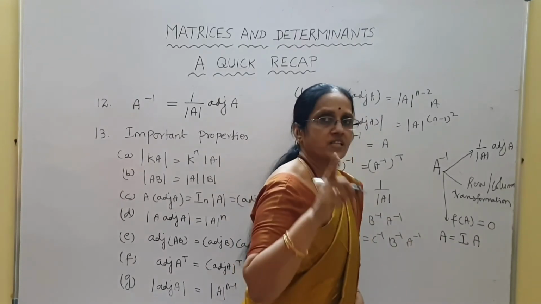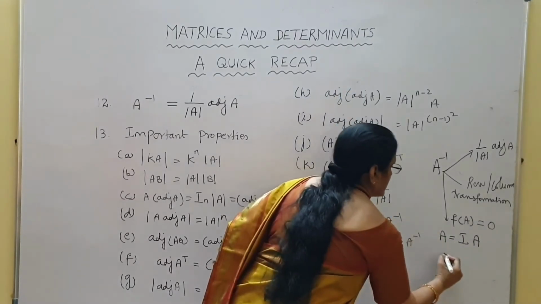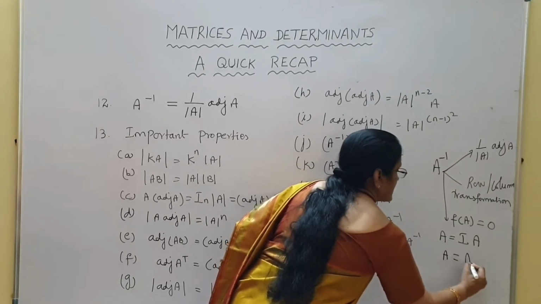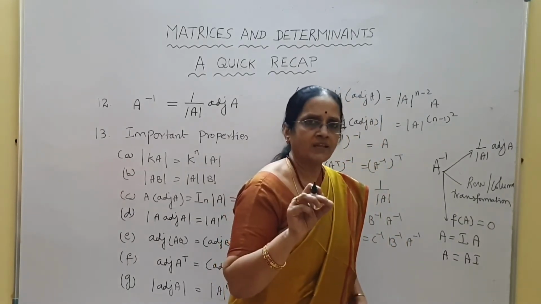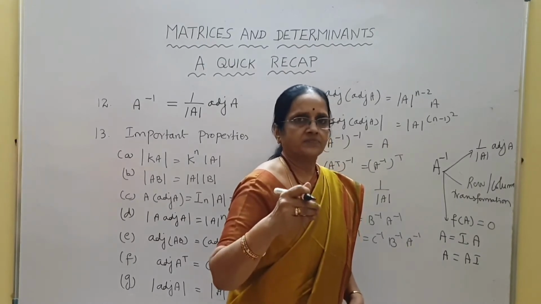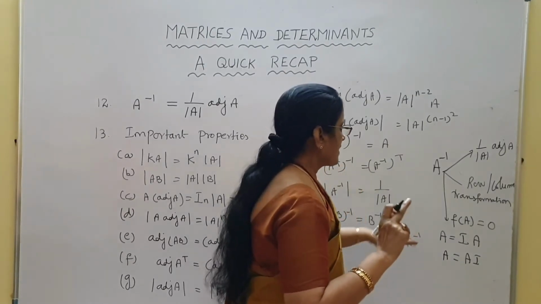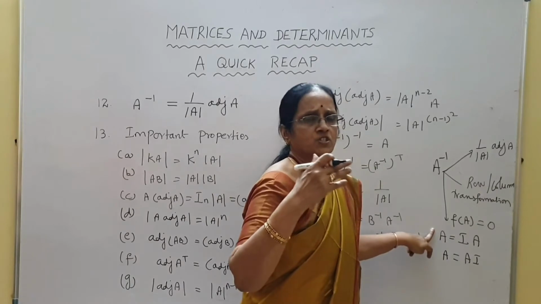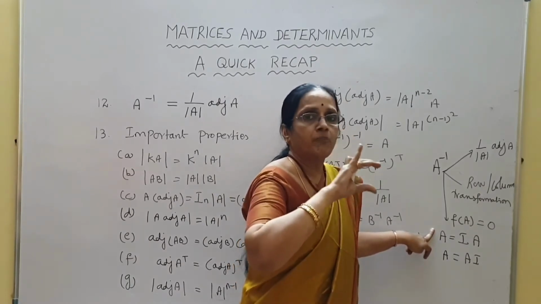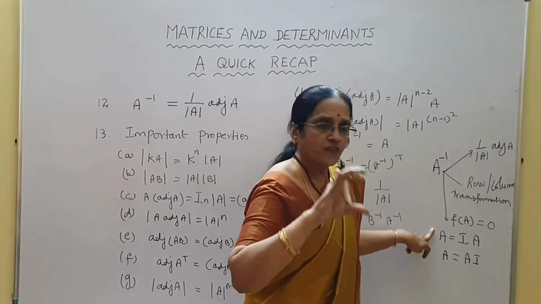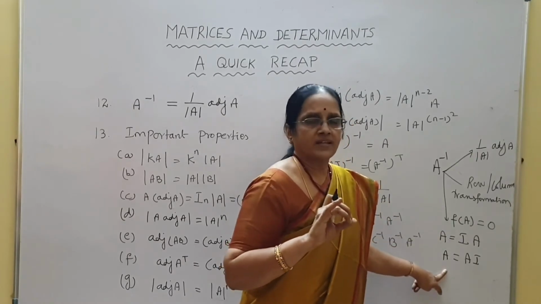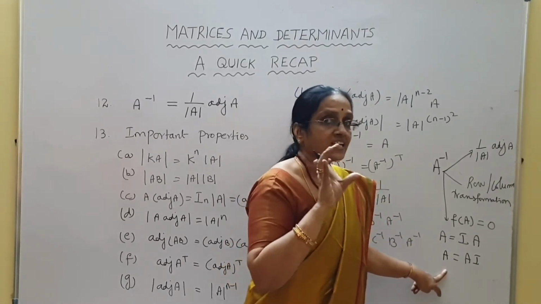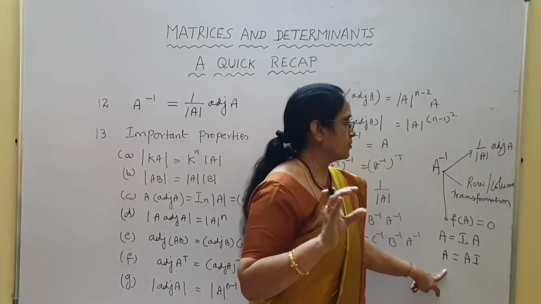If you are going to use the column transformation, then A should be considered as A into I. You need to read the question properly and then answer. If you go through my videos, you will know an important path I have mentioned for row transformation as well as for column transformation.